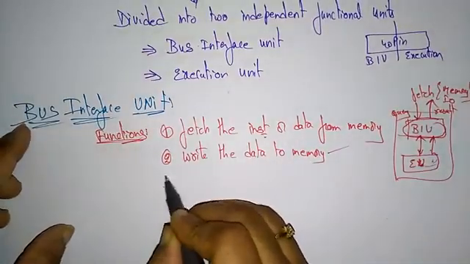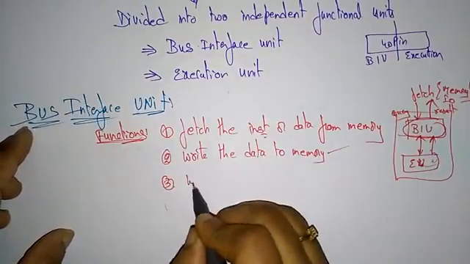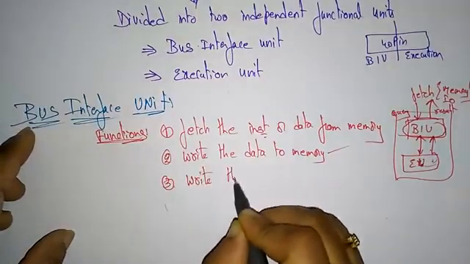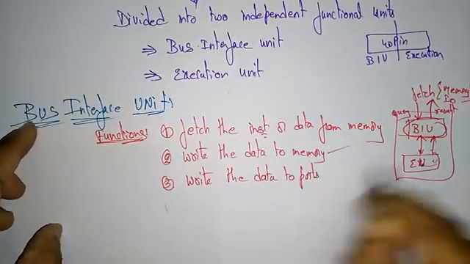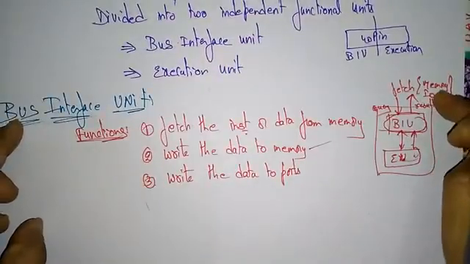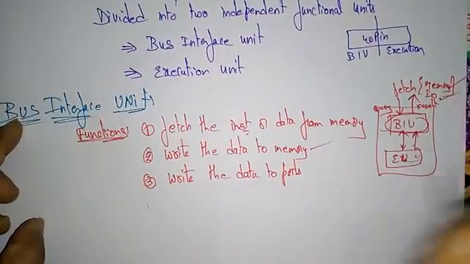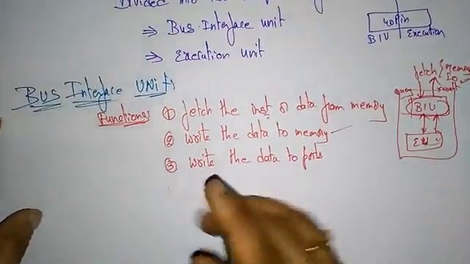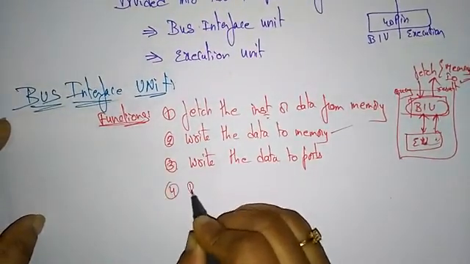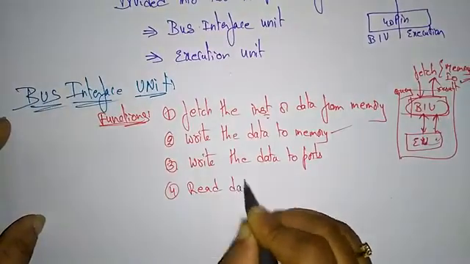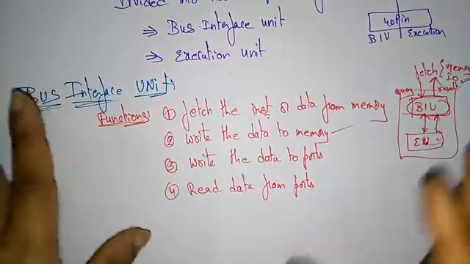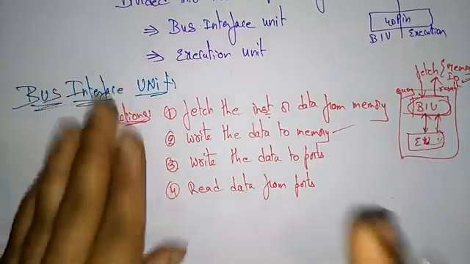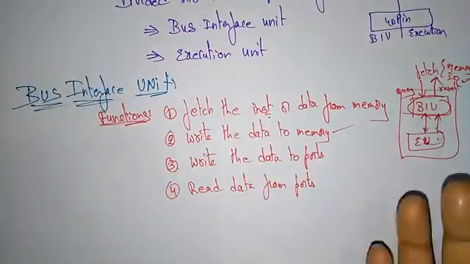It also writes the data to ports. Ports are nothing but input output ports. So it is sending the data to memory as well as to the input output ports, and it also reads data from ports. This is simple information: the bus interface unit is always taking and giving, that's it.